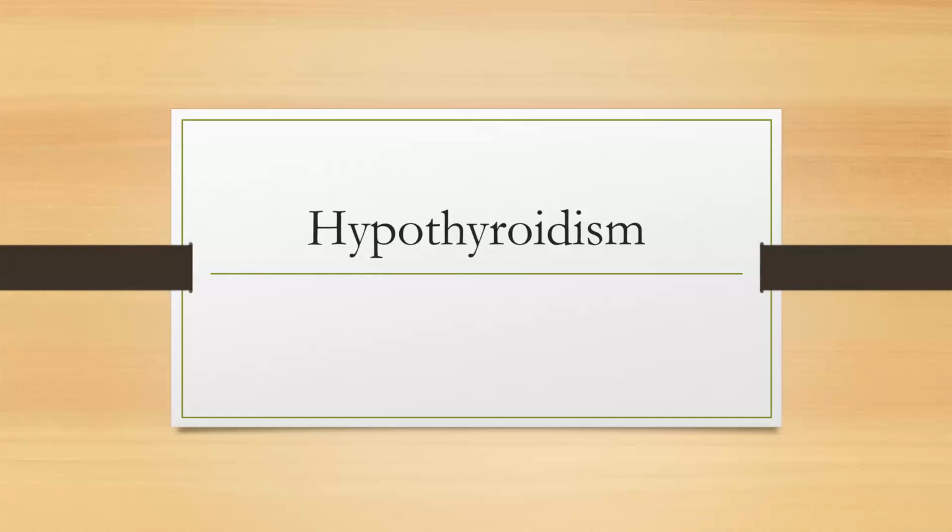We have mentioned in hyperthyroidism that these antibodies cross the placenta and stimulate the fetal thyroid gland as well. So if the patient is a treated case of hyperthyroidism, Graves' disease, and is now taking thyroxine, we will manage the thyroxine according to the rest of the hypothyroid patients.